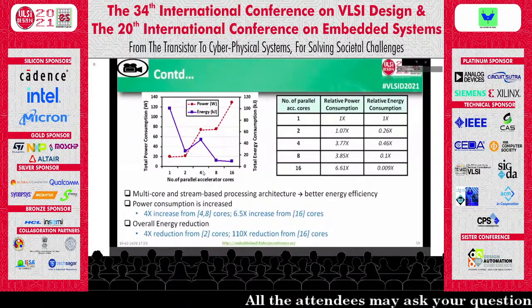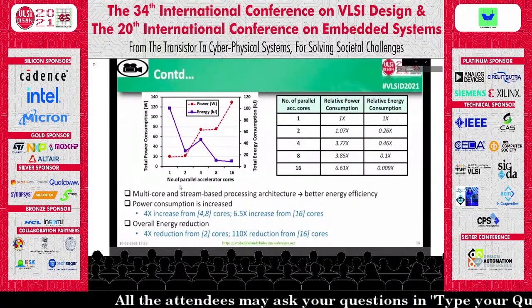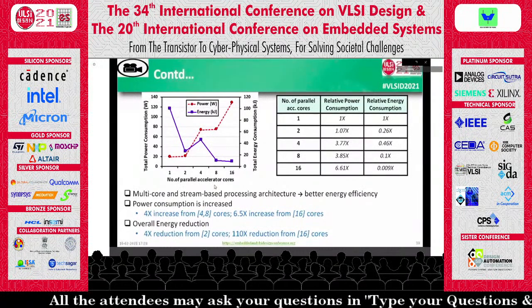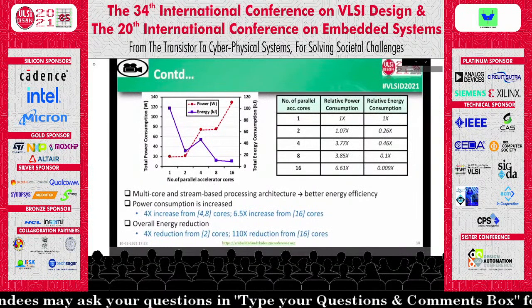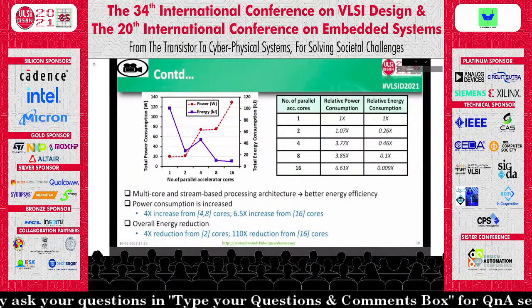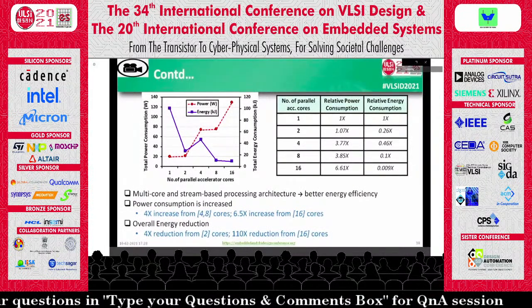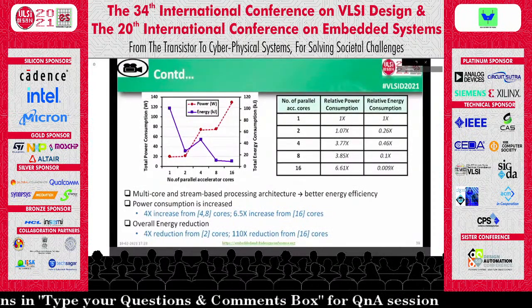Some more results are here just to show you the total power consumption with respect to the number of parallel accelerator cores. This image shows the power and energy with respect to the number of parallel accelerator cores.